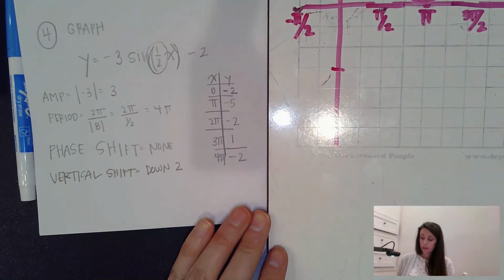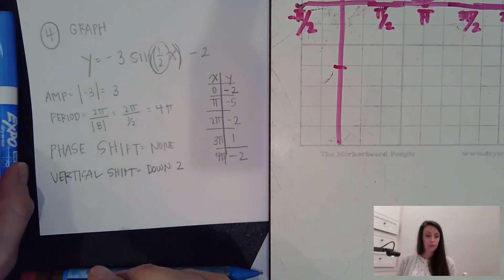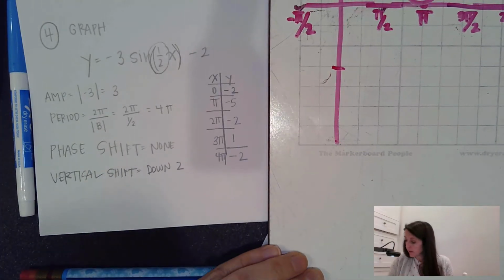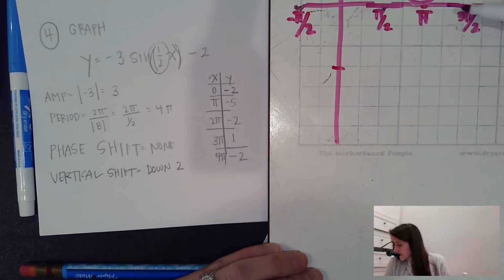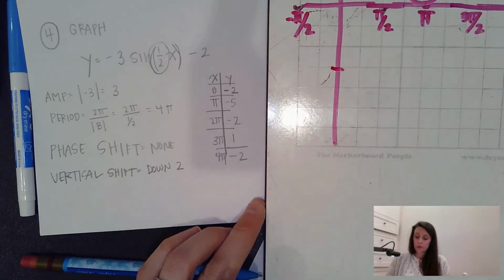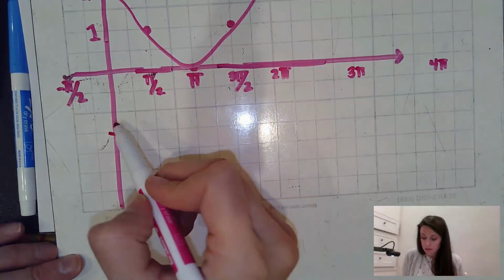Okay, so I'm going to take this graph that I drew here and just use these values. So there's your pi, 2 pi. So I'm going to plug these values in here. So here's your x-axis.